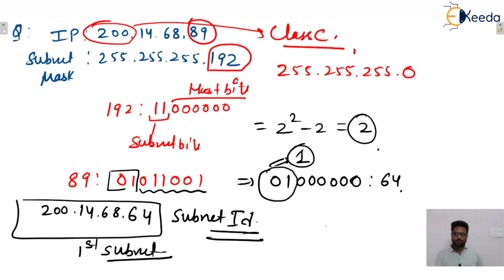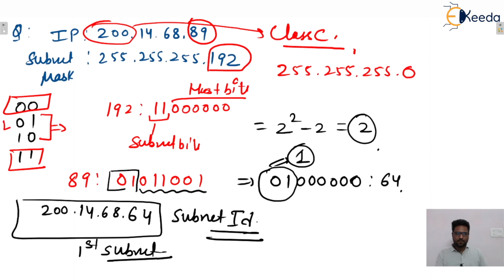Isn't it? Okay. So with the help of two subnet bits, there are 00, 01, 10, 11. This is the possibility, and I told you first and last cannot be utilized, and there will be only two subnets. So this IP belongs to the first subnet. This is the second.